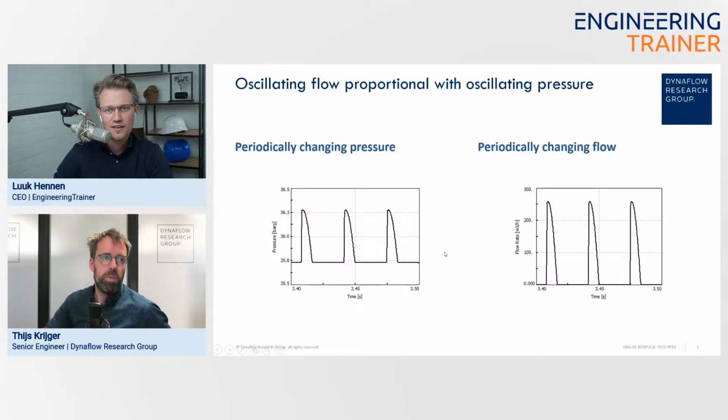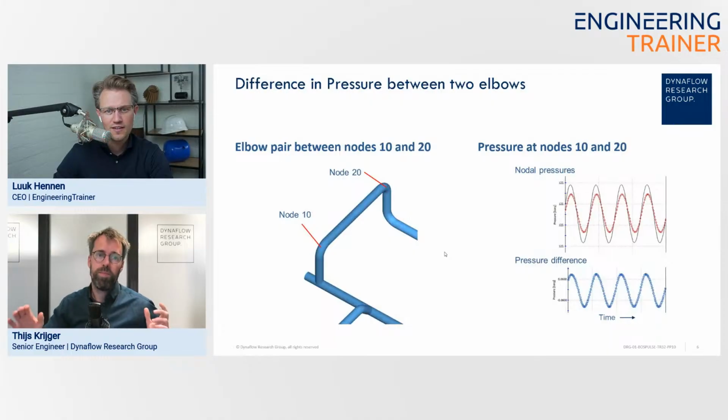Yeah, and those peaks in pressure can cause some kind of shaking forces on your system as they are traveling through your piping system. You can have shaking forces that scale with the pressure differences between elbows, for example.